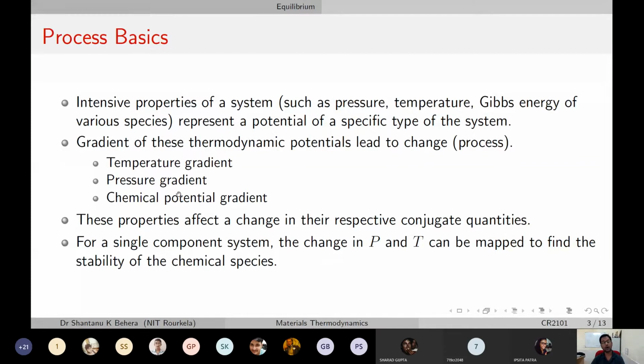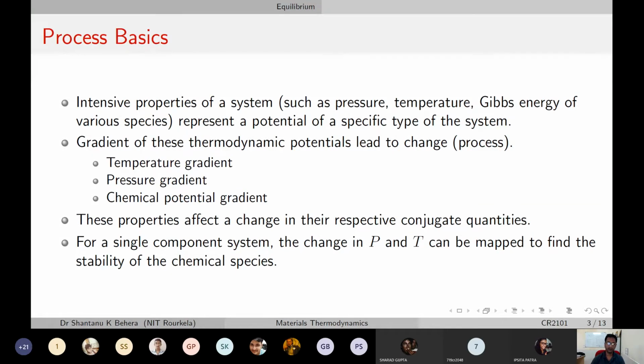Now, when we talk about a single component system, then we are not talking about chemical potential gradient of various different phases. All right, we are talking about free energy of the same chemical species, but of course in different phases of it. And then if we neglect that, then what are the other parameters that we have that can influence the stability of the system?